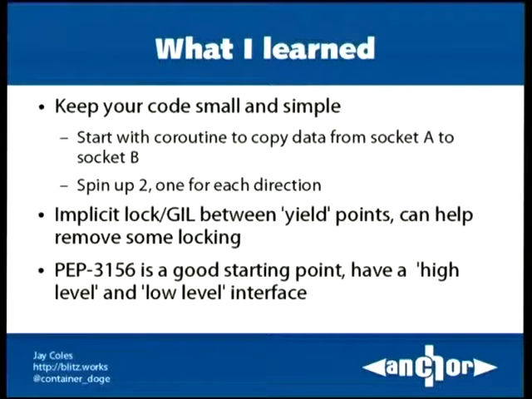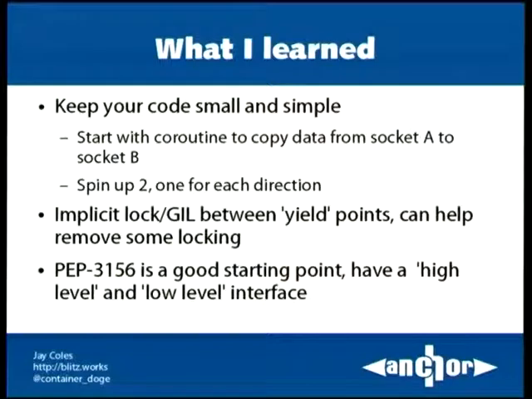One other piece of advice that I found is you want to keep your coroutines or your actual tasks very, very simple and only do one thing. At one point I was reading data in one direction and reading it and writing it in the other direction in the same coroutine or task. And then I realized I could split that up into 2 coroutines, and the implementation became a lot simpler and a lot easier to diagnose.